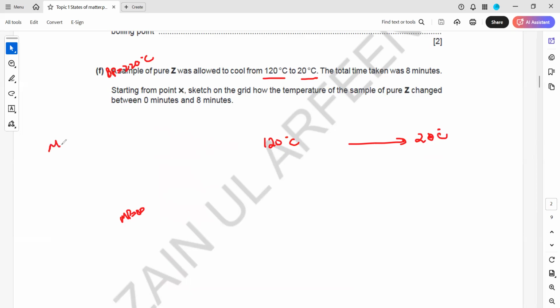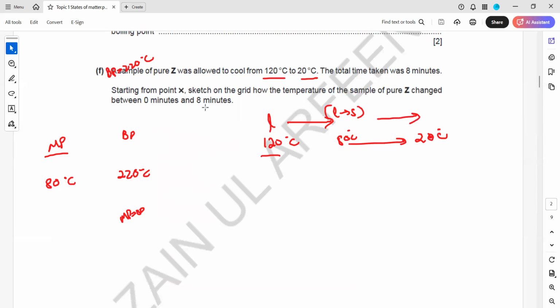Because the melting point of the substance is 80 and the boiling point is 220, at 120 the substance will be liquid. So initially the substance will be liquid. And then what will happen? It will freeze. At what temperature will it freeze? 80. So at 80, it will start to freeze. A liquid will turn into a solid. And then we'll have a solid from 80 to 20.